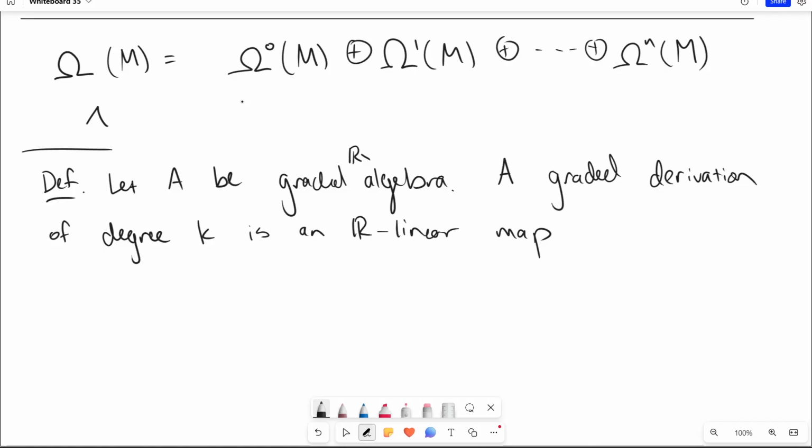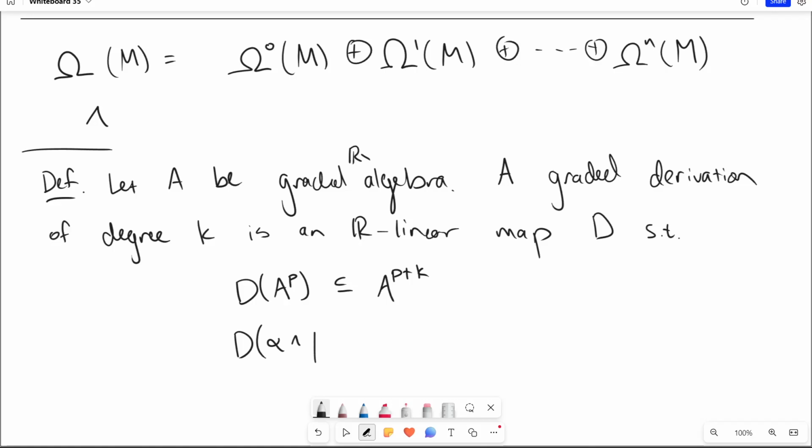let's call it capital D, such that D of the p homogeneous elements gets sent to the p plus k homogeneous elements, and this is where the derivation comes into play. This is going to denote the multiplication by wedge, since that's what we're going to use above.